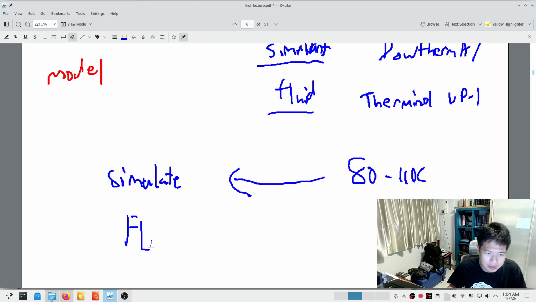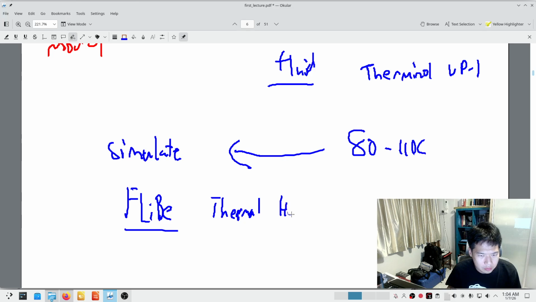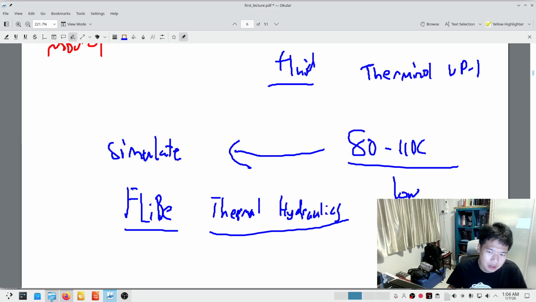So you can understand some of the heat transfer properties and the fluid mechanics properties of flibe. We call it thermohydraulics. It simulates some of the thermohydraulics properties of flibe, except that it does it at a lower temperature and a low toxicity.